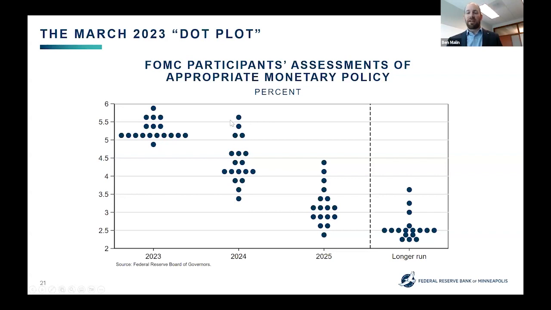Others might think inflation is going to be more persistent than their colleagues, or that it's going to take higher rates to make sure inflation comes down. And so I think what you're seeing here is different assessments of what policy will be appropriate to achieve our objectives. And you see that in 2025 and again in the longer run.